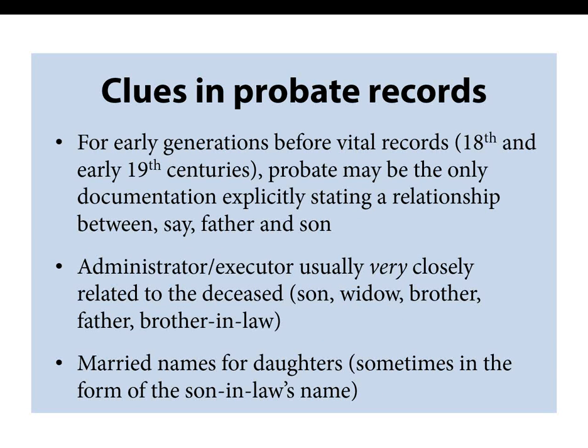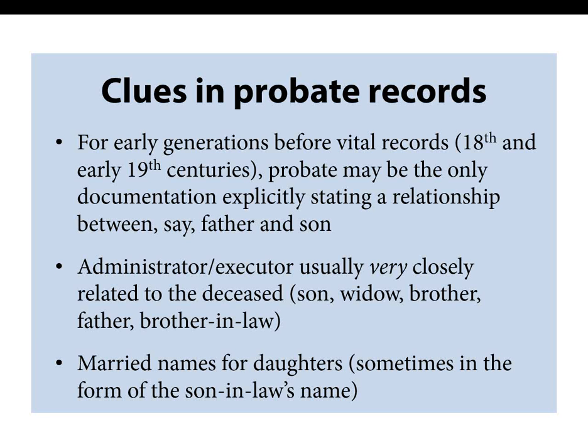There are some clues that you can look for in probate records. These are really important because for the pre-vital record era, so typically the 18th and the early 19th century, probate records may be the only documentation explicitly stating a relationship between two individuals, for example, a father and a son. You should keep in mind that the administrator or executor of an estate is usually very closely related to the deceased.